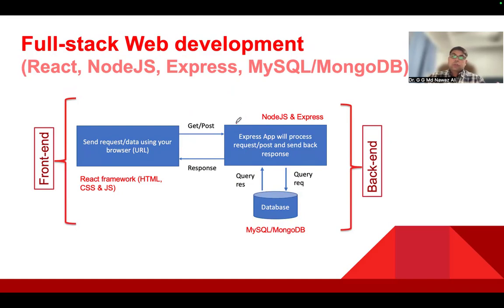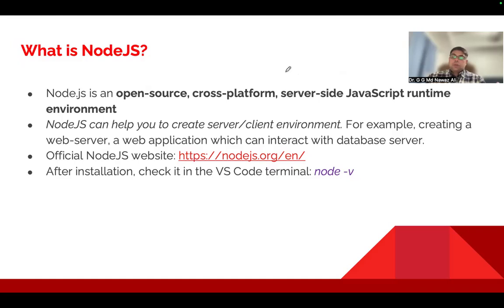So we are going to create Express, and then we also want to use Node.js. Node.js is an open source, cross-platform, server-side JavaScript runtime environment, which enables us to create a server-client environment.